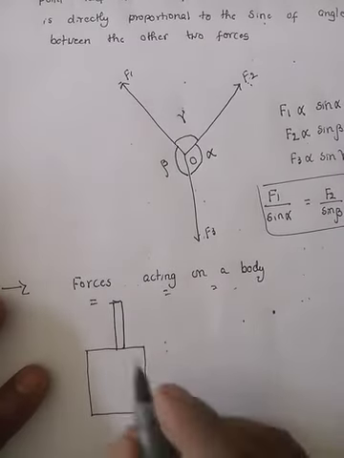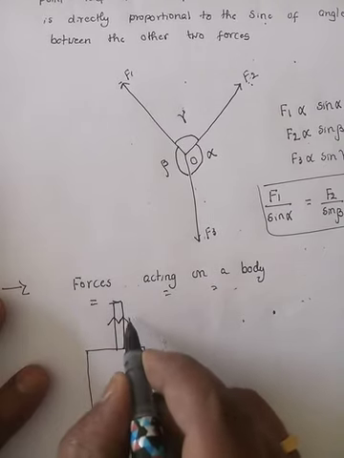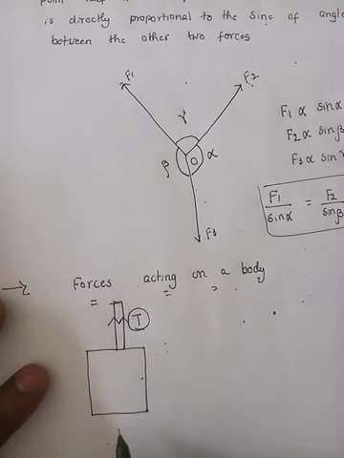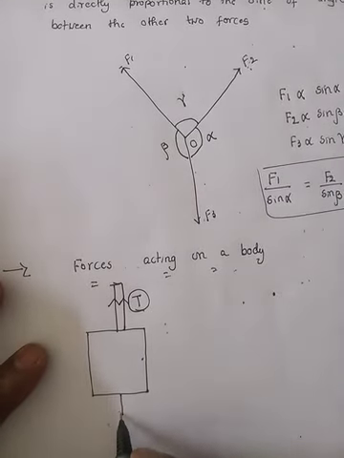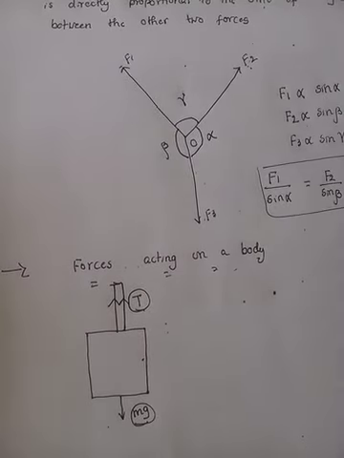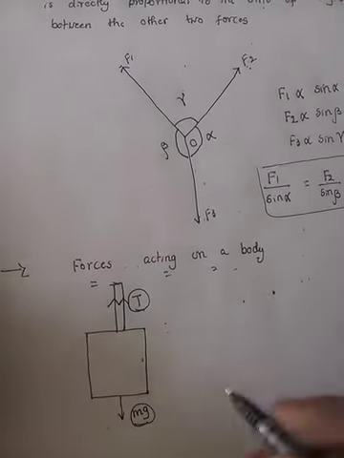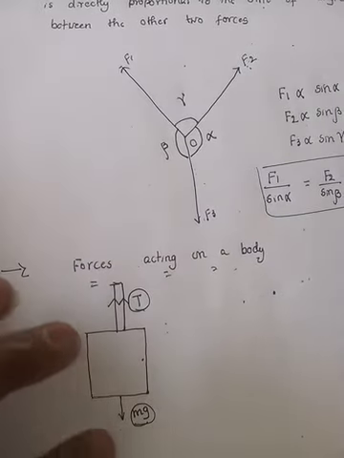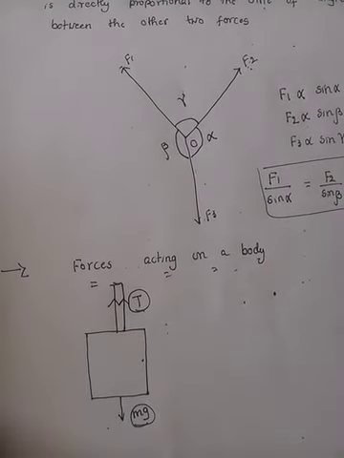Because they are fixed at one end, there exists which force? Tensional force. And the lift has some weight, and the weight acts downwards. Now if both forces are the same, meaning the tension in the lift equals the weight, can the lift move? No.